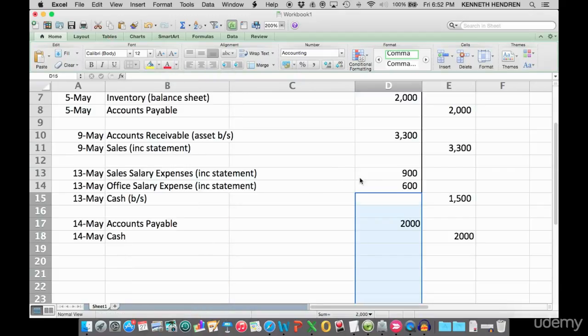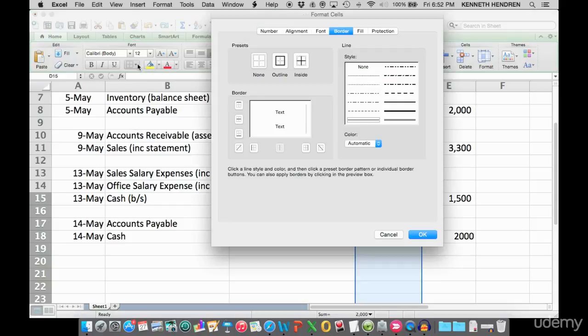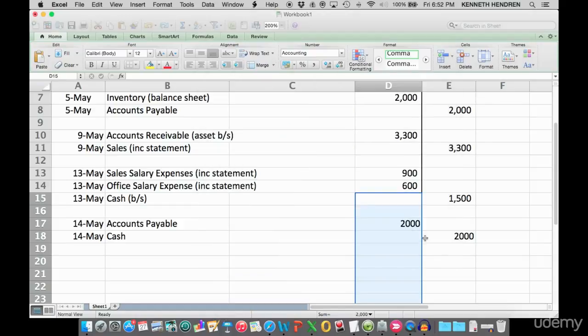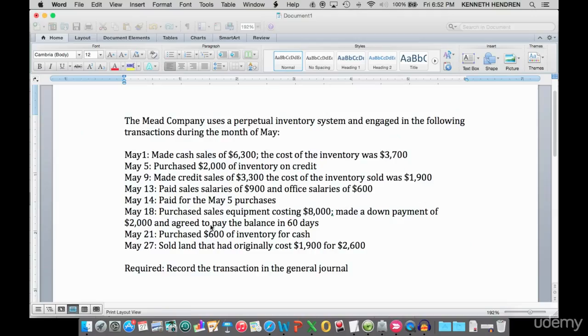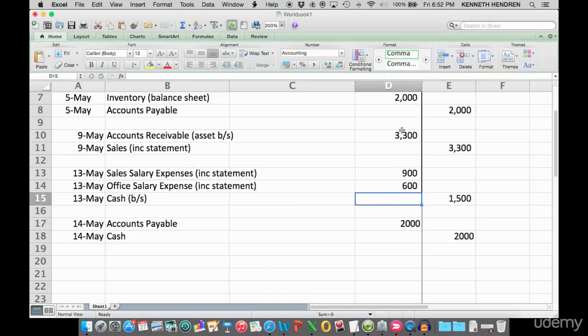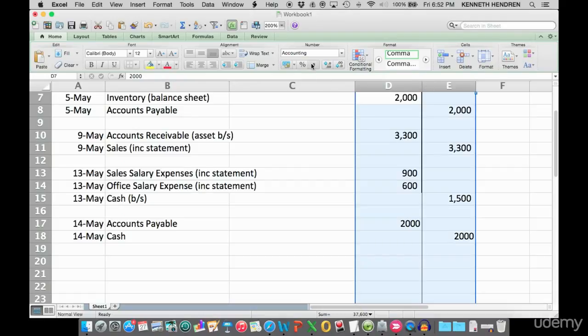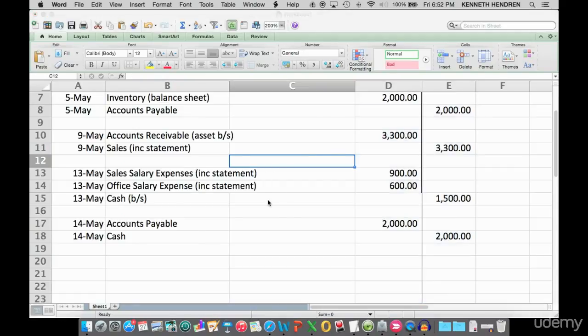Let's see. There we go. Well, it's not as thick as I wanted it, but it's okay. And then we'll format it.